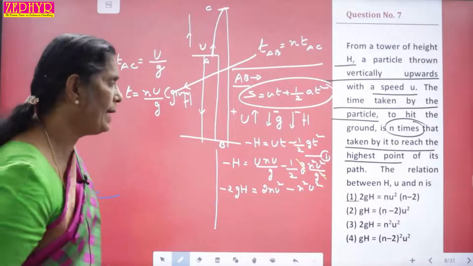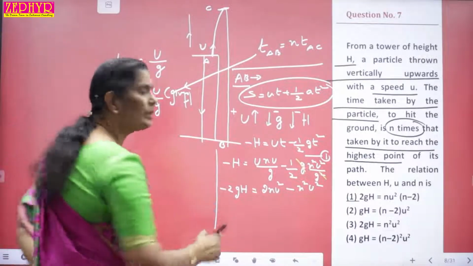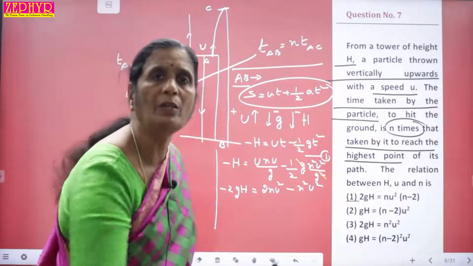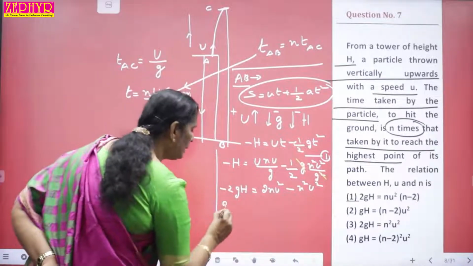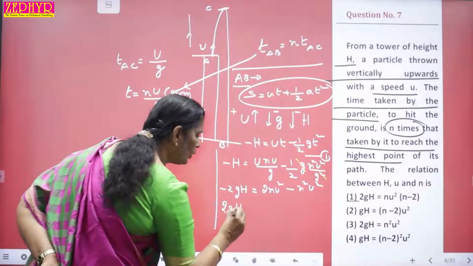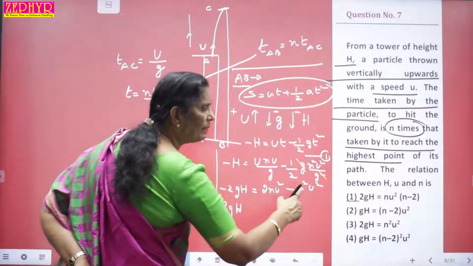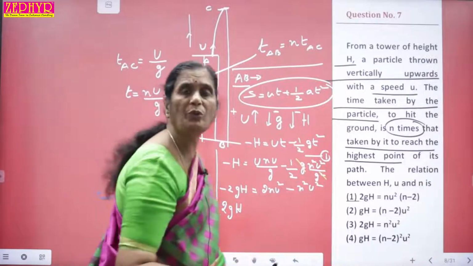Now we don't want to start with minus, we want to start with plus. So I will take minus to that side, or multiply every term by minus. So 2gH is equal to n square u square minus 2n u square. I can take n u square as common.